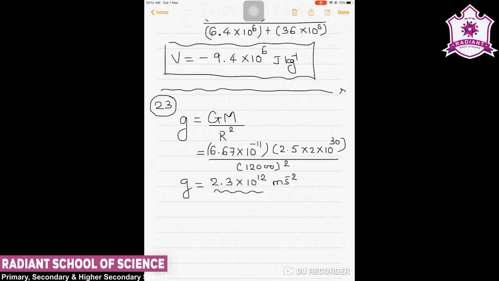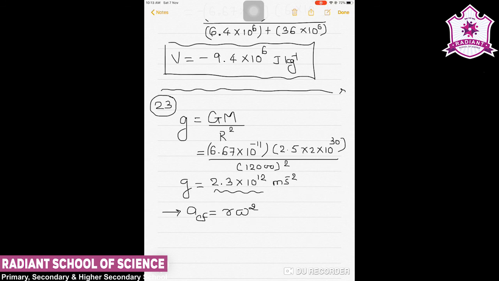Now we find the centrifugal acceleration. We say that the centrifugal acceleration, a centrifugal, we say CF, is r omega square.